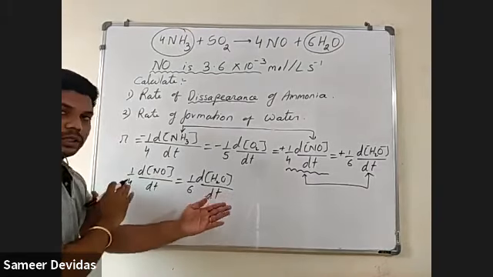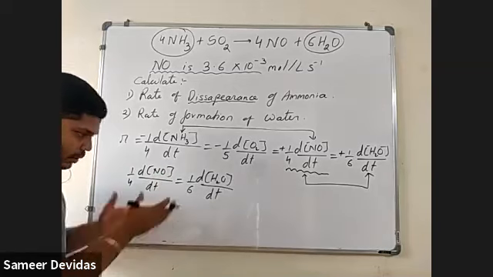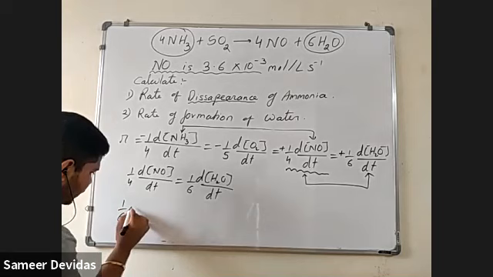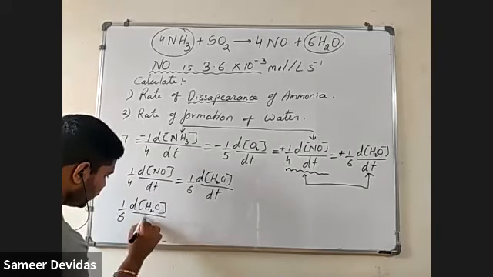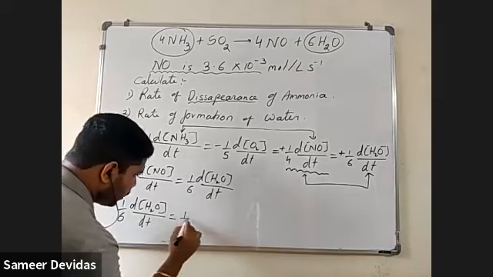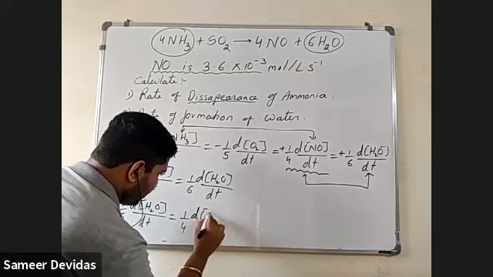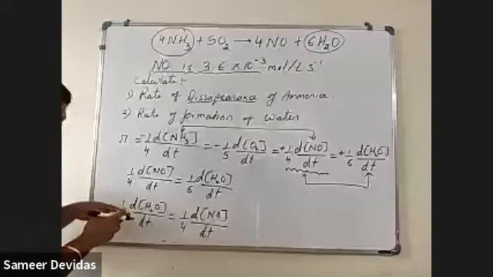So we can write H2O here and NO here. So 1 upon 6 d H2O upon dt is equal to 1 upon 4 d NO upon dt.